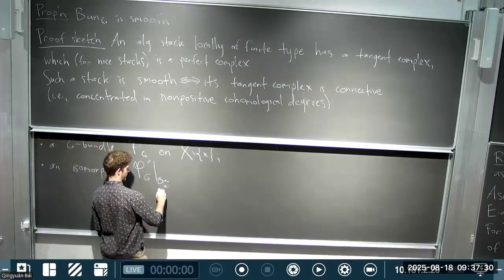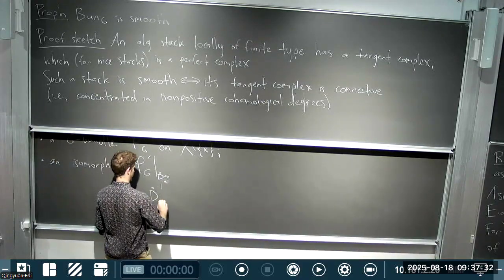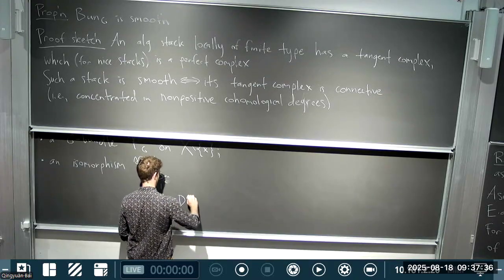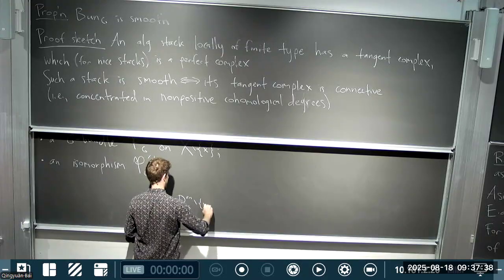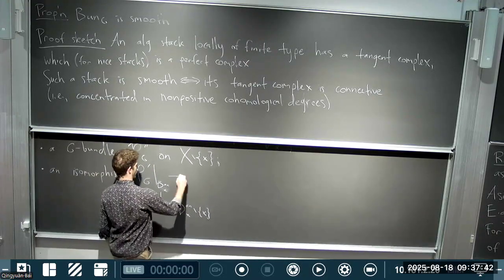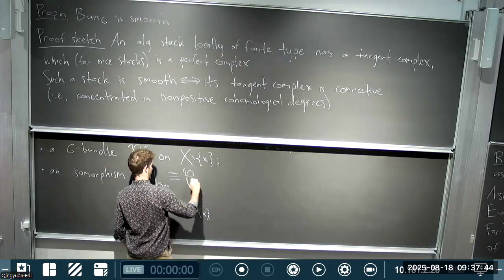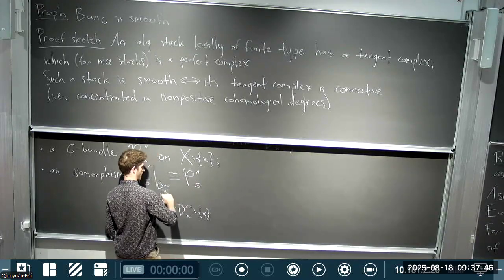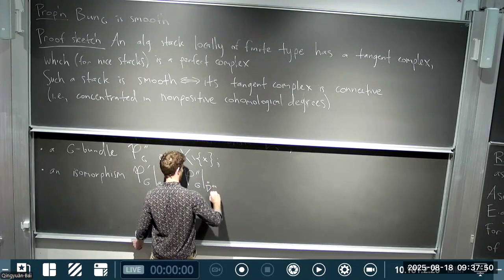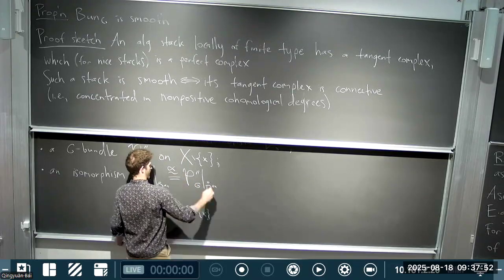So this notation here means x is removed. This isomorphism takes place between P prime and P double prime restricted to this punctured disk. Call this datum alpha, I guess.